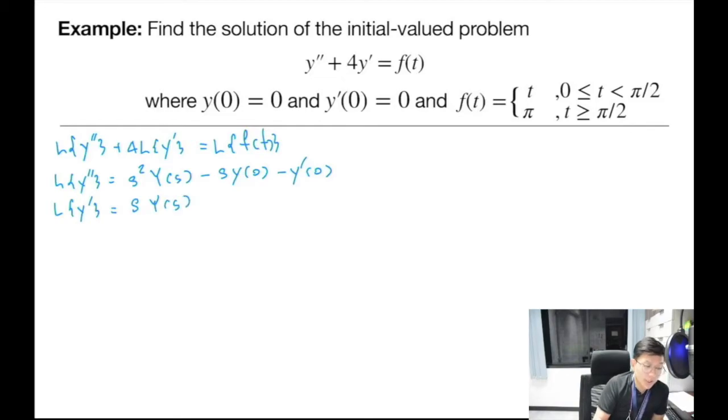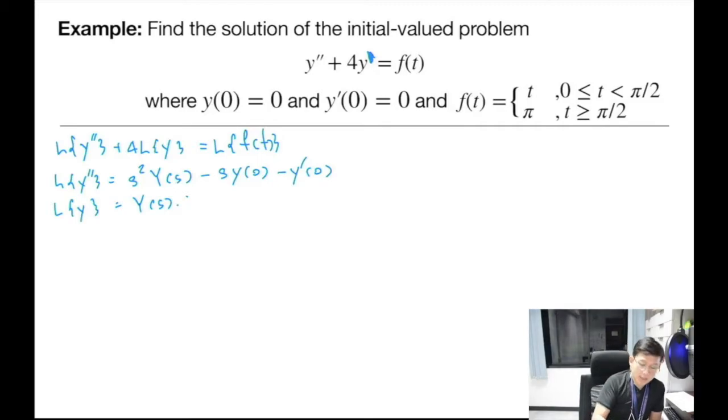Oops, sorry guys, there's a typo here. It is minus 4y, not minus 4 y prime. Sorry, it's a typo. So I just need the Laplace transform of y, and that is Y(s).